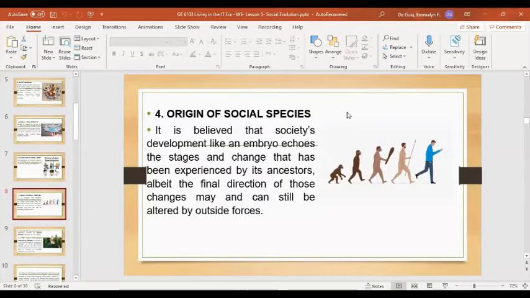It is believed that society's development, like an embryo, echoes the stages and changes that have been experienced by its ancestors, although the final direction of those changes may still be altered by outside forces. It is very important to understand the origin of social species, because this will answer our doubts, our queries, and even the discoveries.